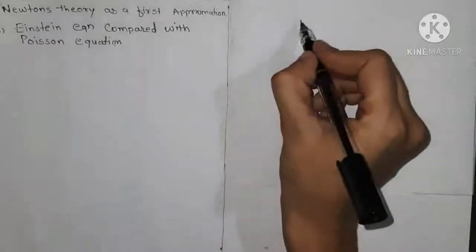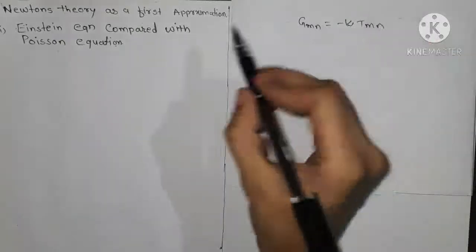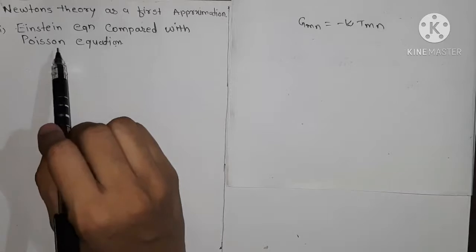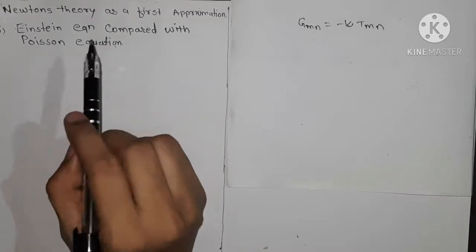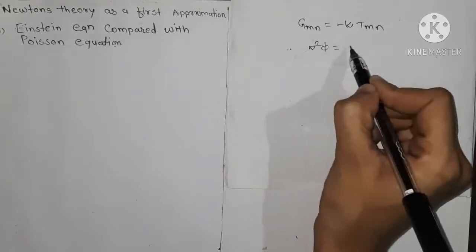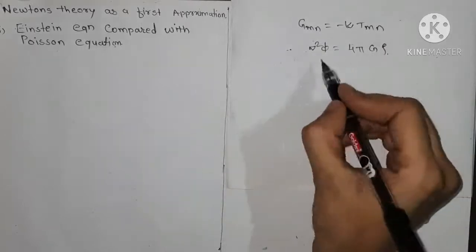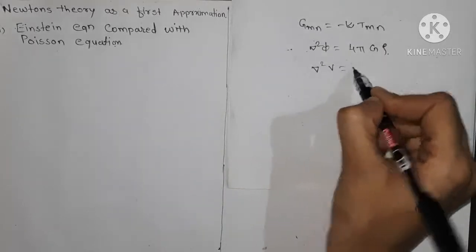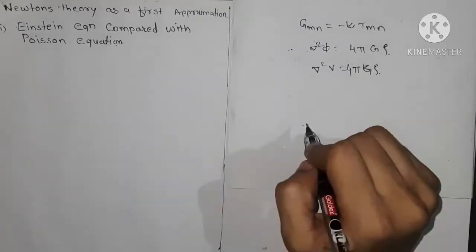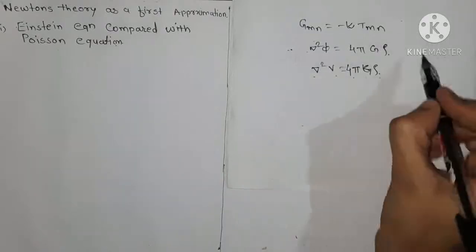As we know, the Einstein equation is given by Gmn equals minus kappa Tmn, and as we study theoretically, the Einstein field equation is the same as the Poisson equation in the classical limit. The Poisson equation is given by del square of phi equals 4 pi G rho, or we can write this as del square of v equals minus k times rho, or del square of v equals 4 pi G rho, where phi is the gravitational potential.